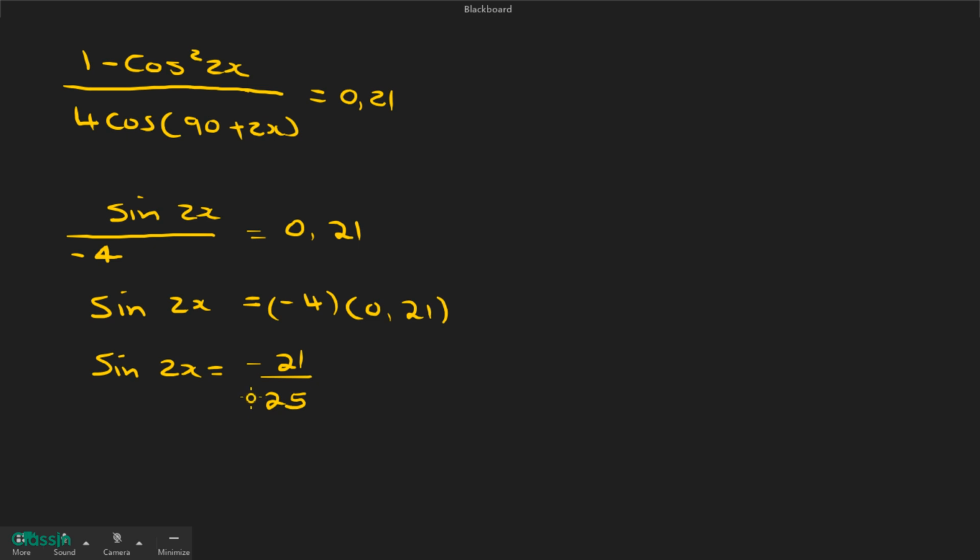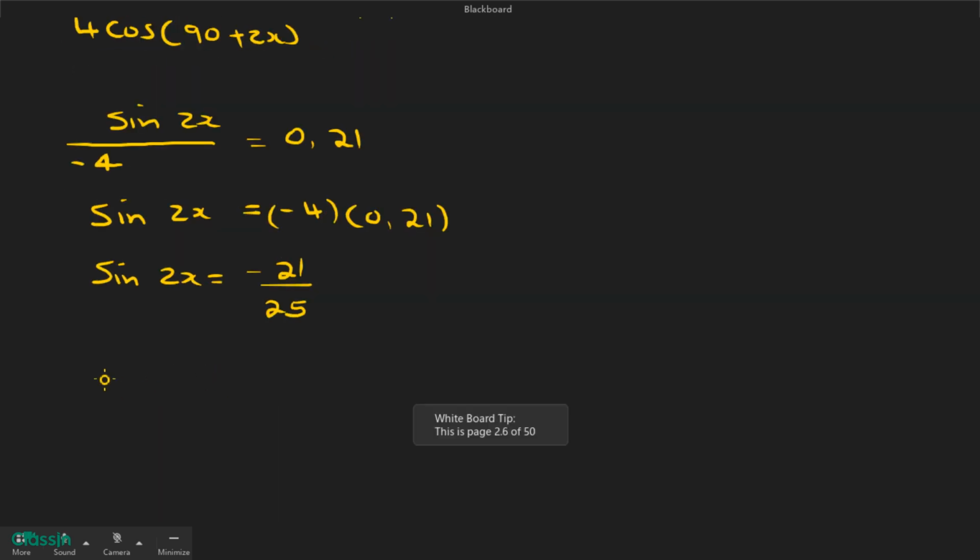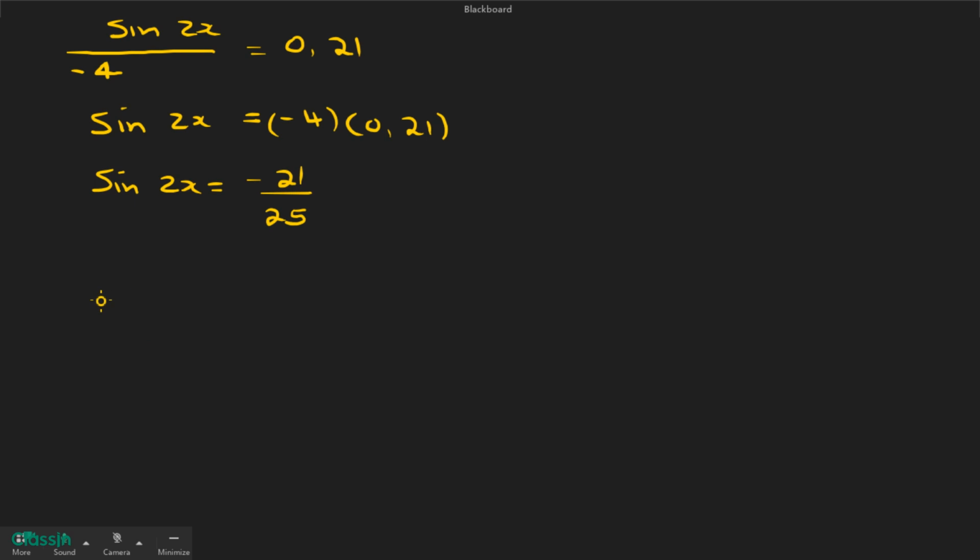Now we need to solve this. From here, we are saying 2x is equal to arcsine of negative 21 over 25, where the answer is negative 57,14 degrees.